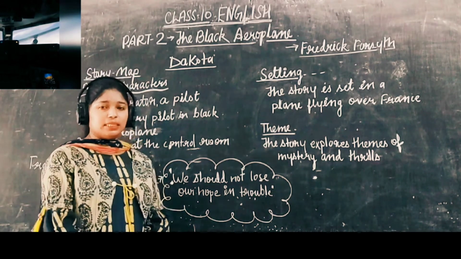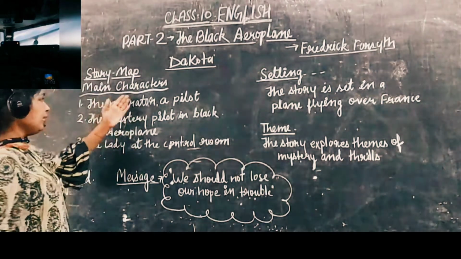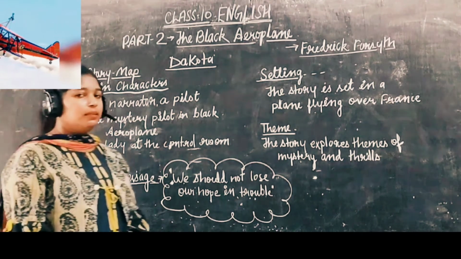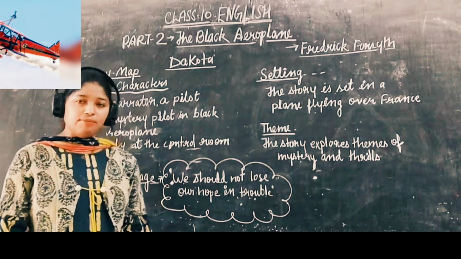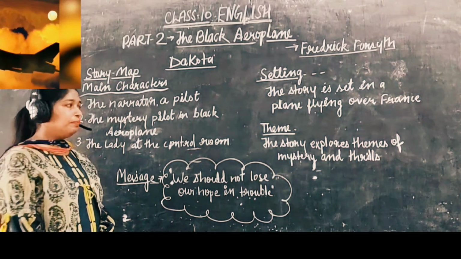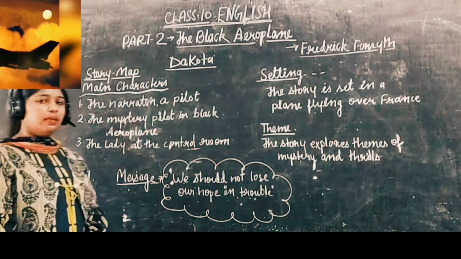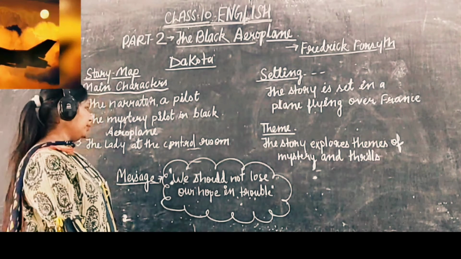Let us discuss the main characters. The first character is the narrator himself, who was a pilot. The second character is the mystery pilot in a black aeroplane.